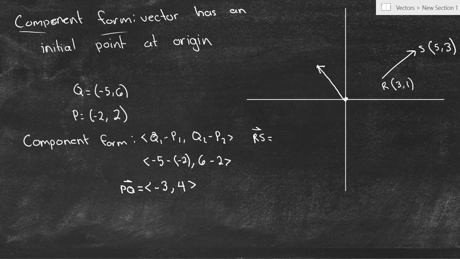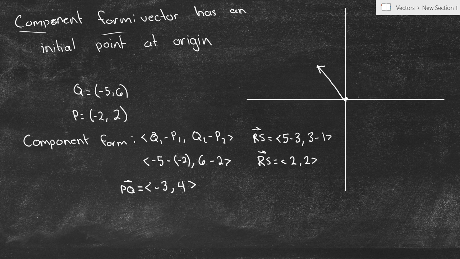We take the terminal point minus the initial point for each side. So 5 minus 3 because those are our x values, then 3 minus 1 because those are our y values. The component form of vector RS equals <2, 2>.